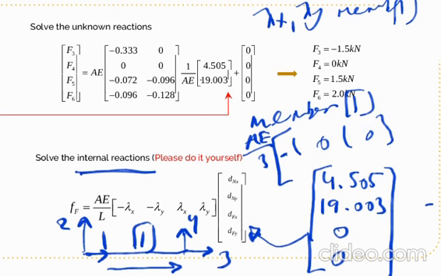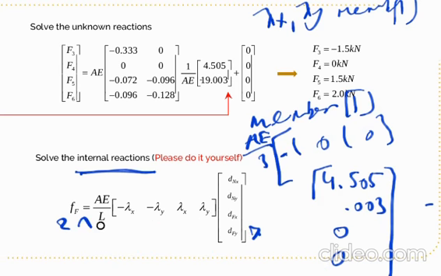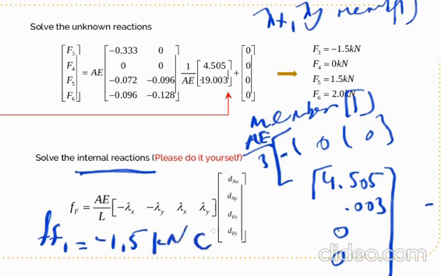After we calculate the matrix, it will look like this. For member number 1, the internal reaction is equal to minus 1.5 kilonewton. This is compression because of the minus sign.